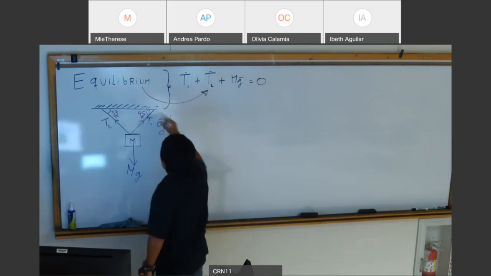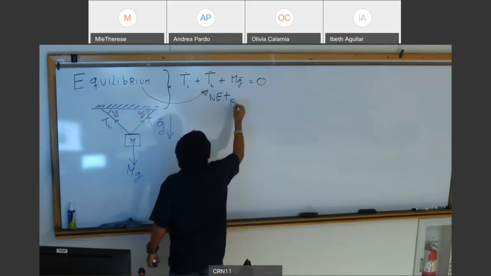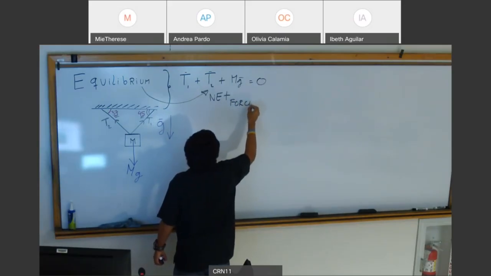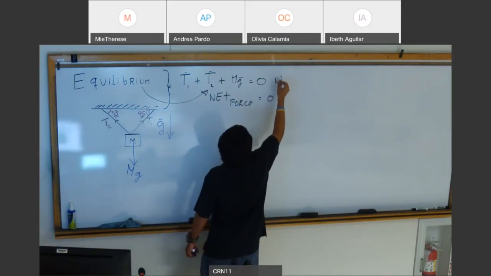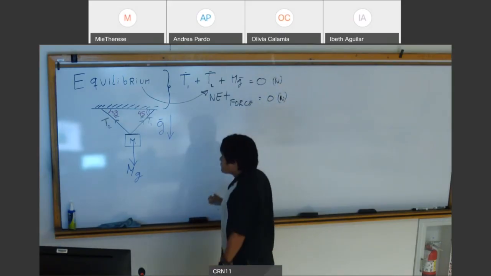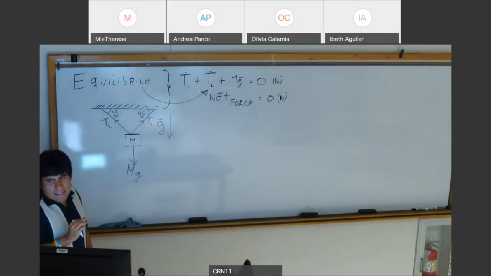When they're in equilibrium, the net force is equal to 0 newtons. So that's a good way to start.